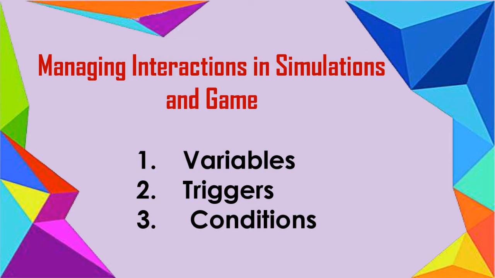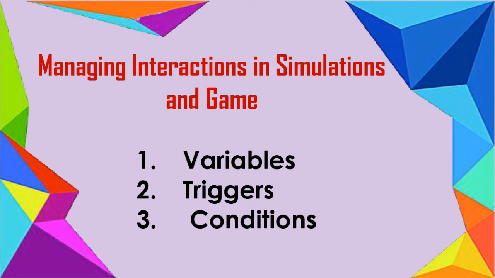So variables are storage locations. They hold information that can change or be updated later. So the most common type of variable for a game is the number variable, which will store a number value. So this is perfect for scoring or being able to calculate end results in a final interaction.